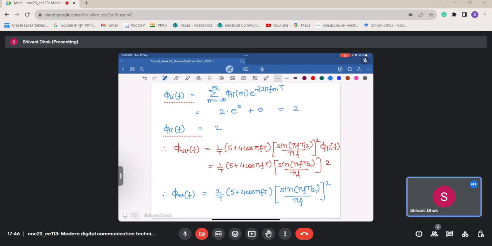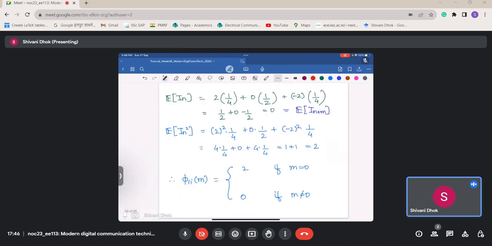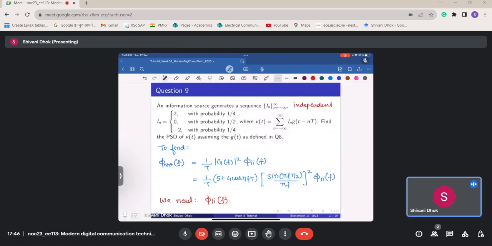I forgot to write whole square. Yeah. So this is phi VV of f that we need to find out. This phi VV of f is basically the PSD of this information bearing signal that we are transmitting. Any questions?